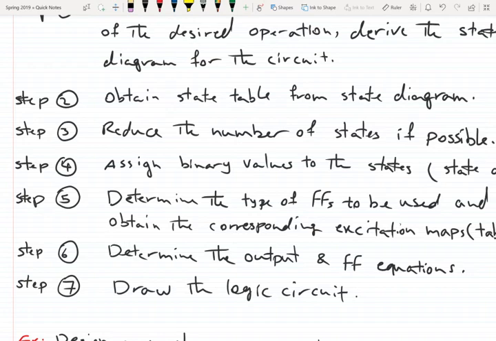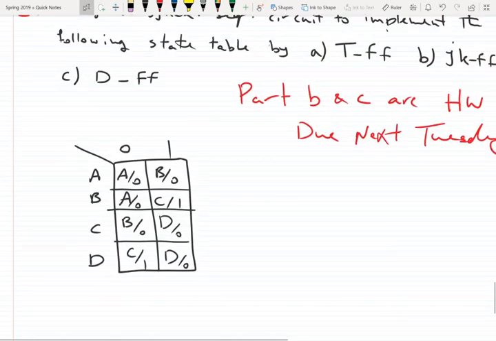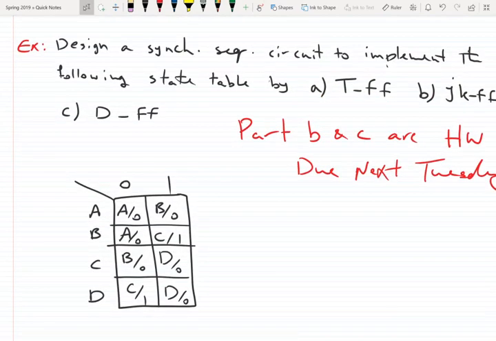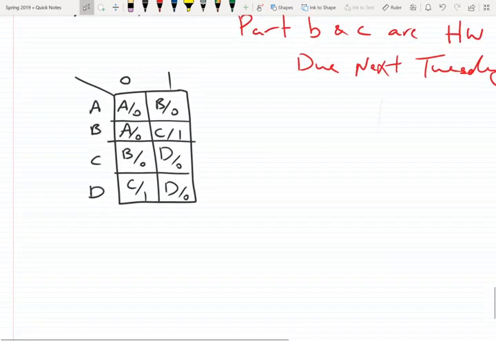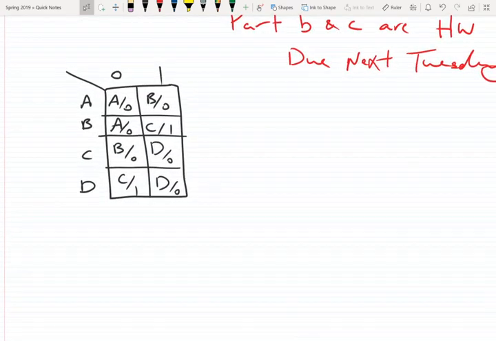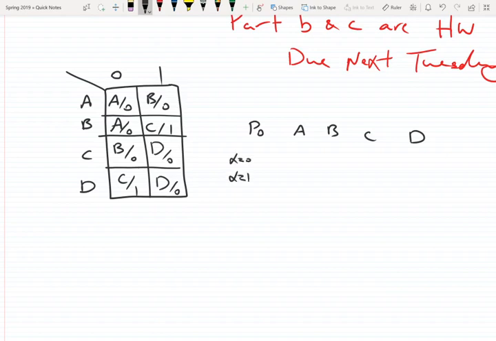Okay, so how can we do that? By partitioning. First, by inspection, nothing is reducible here. So by partitioning, we try to reduce the number of states. Let's do that together. P0: A, B, C, D, with x is 0 and x is 1. The outputs: A is 0, 0. I hope that you remember the partitioning.